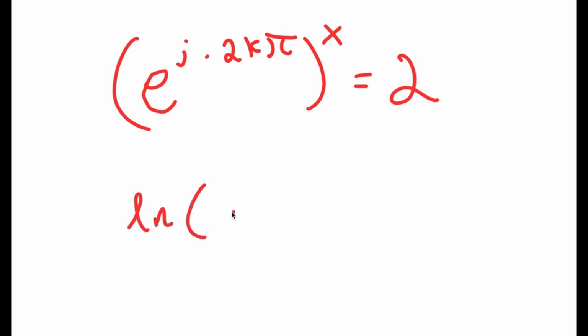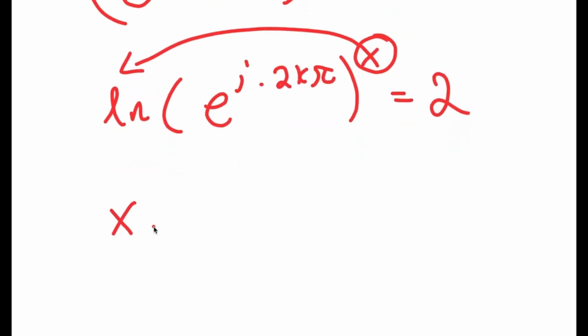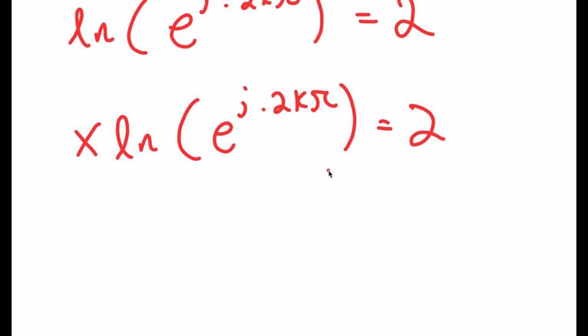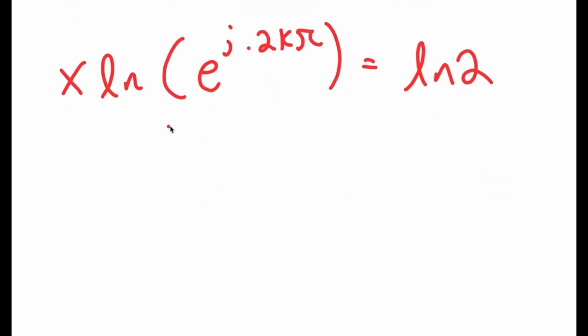So I have ln of e to the power of i times 2k pi, to the power of x, is equal to ln of 2. So I'm going to now bring this x down using the property of natural logarithms. So I get x times ln of e to the power of i times 2k pi is equal to ln of 2, because if you take ln on one side, you have to do the other side.